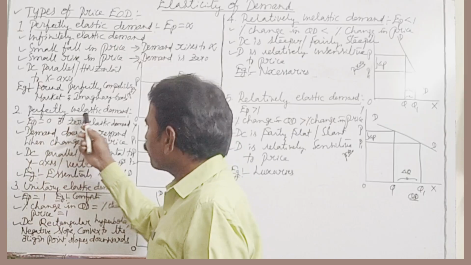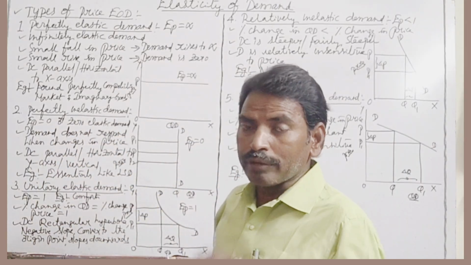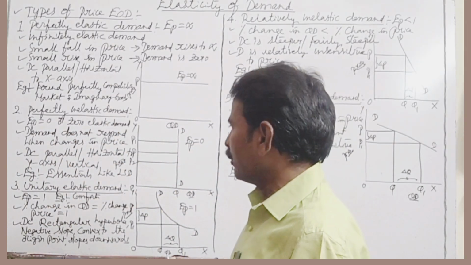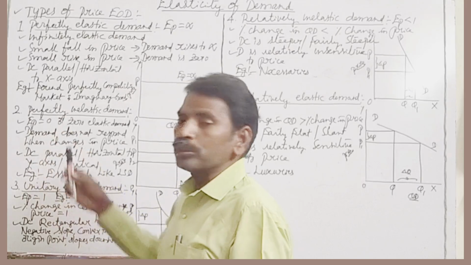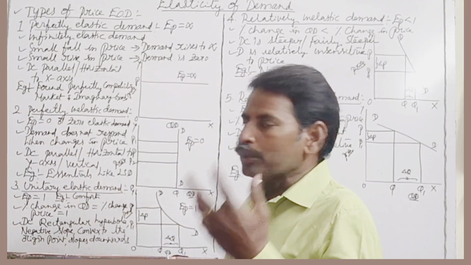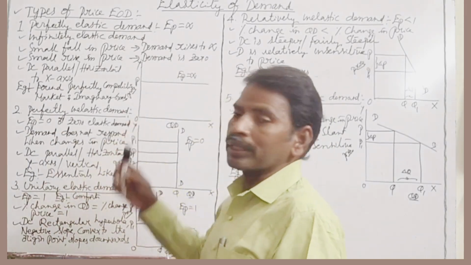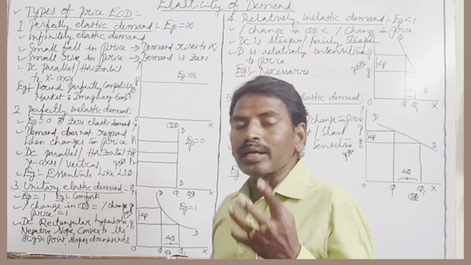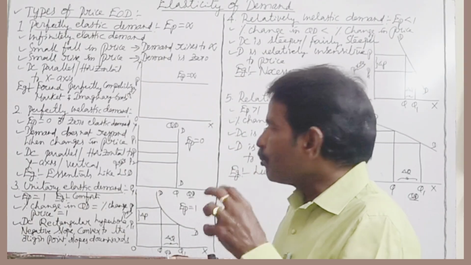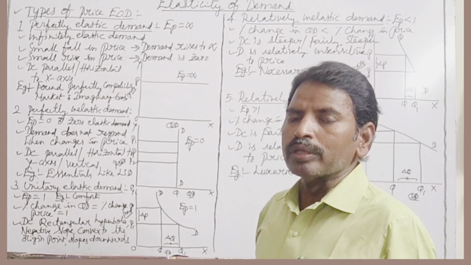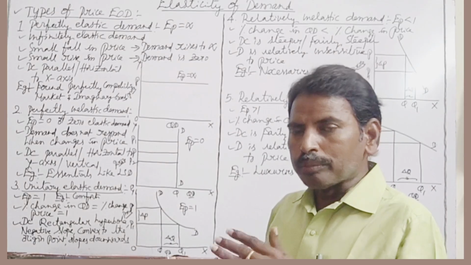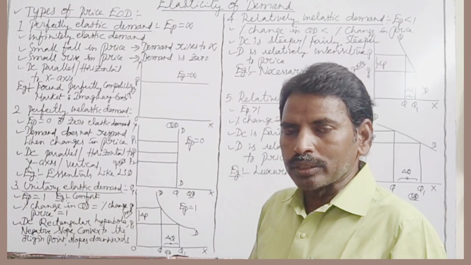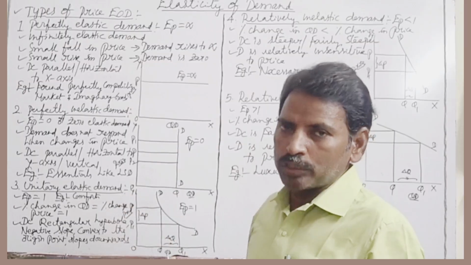Second one, perfectly inelastic demand. EP is equal to 0, also known as zero elastic demand. Perfectly inelastic demand means demand does not respond to changes in price. When price increases or decreases, quantity demanded does not respond.